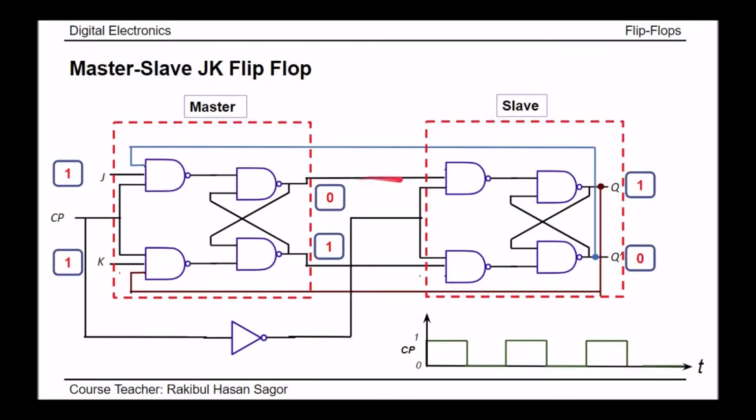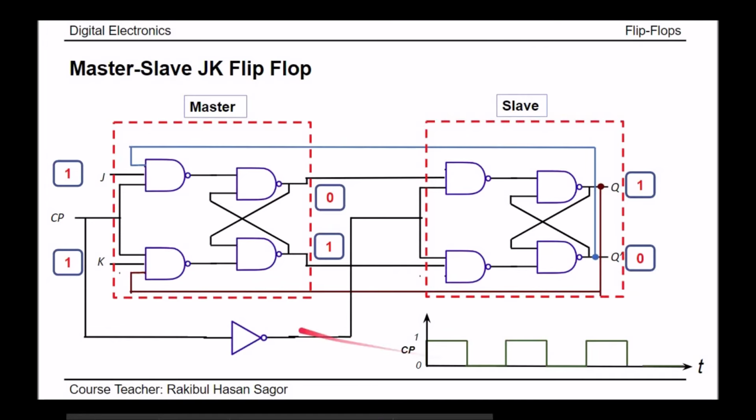Now these 0 and 1 are available at the input side of the slave flip-flop, but they are not allowed to be transferred to the output side as long as clock pulse equal to 1. Now when clock pulse goes to 0, what will happen?